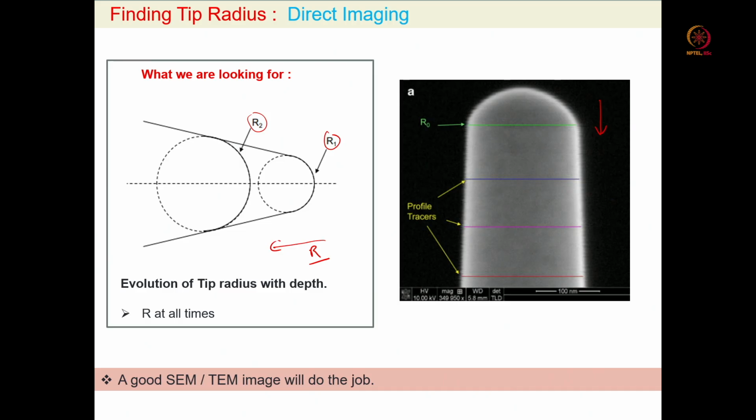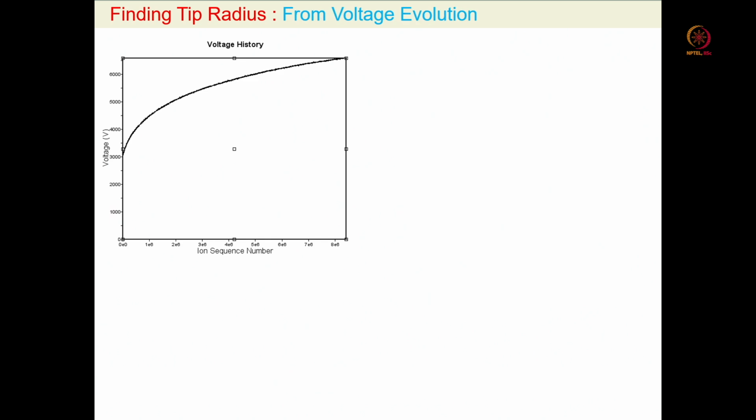It increases as we move away from the tip surface. Initially the voltage required to maintain a constant detection rate is lower, and as the tip radius increases, the required voltage also increases.